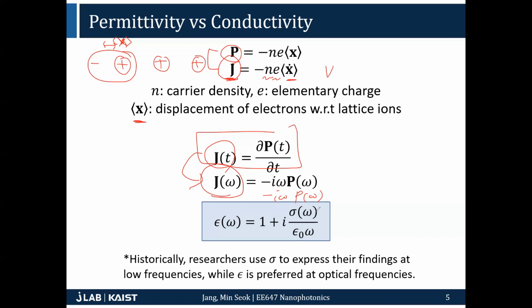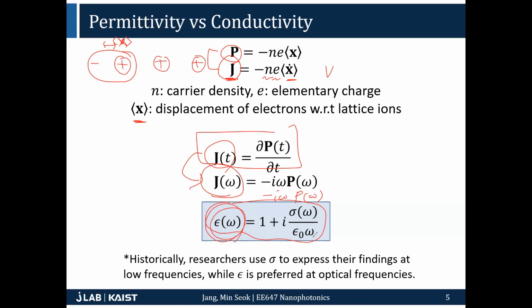In that sense, permittivity and conductivity are connected, so you can write this relation. Your permittivity can be written as 1 plus i conductivity divided by epsilon-zero omega.